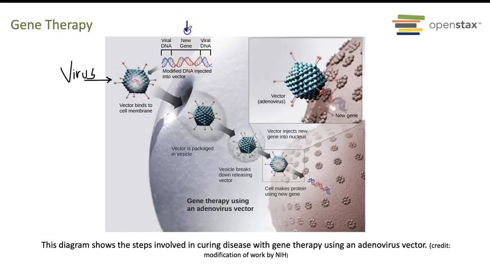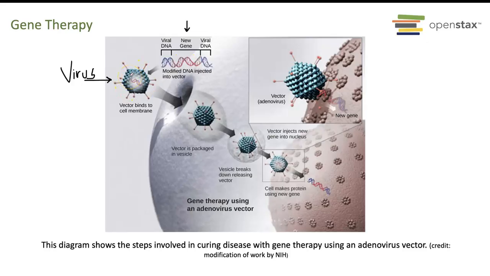This new gene is what we want to deliver to the cell. And one of the things we talked about was hemoglobin and sickle cell anemia. Remember, sickle cell anemia was just like a one letter mistake. One amino acid was changed. So they can put in the correct gene for that hemoglobin protein and then put it in the virus.